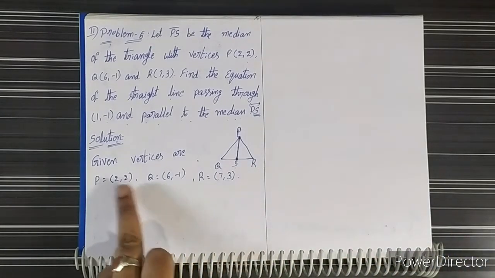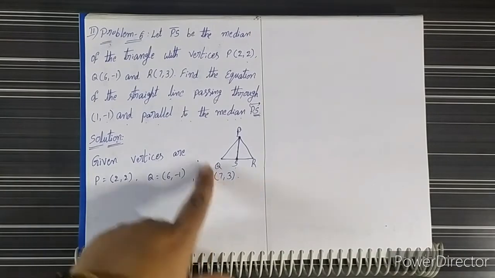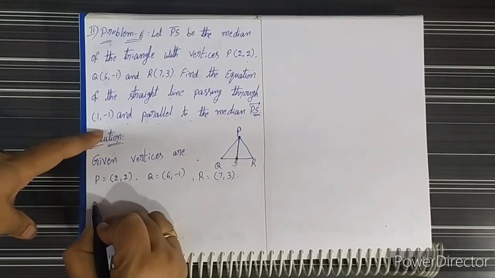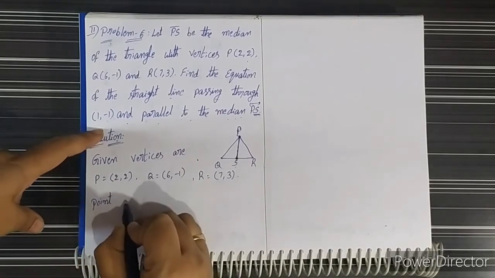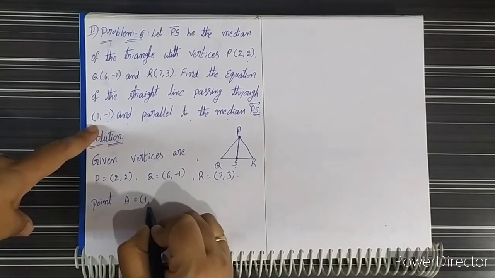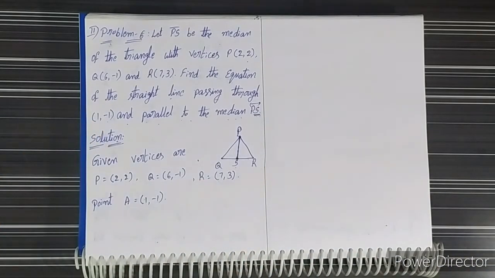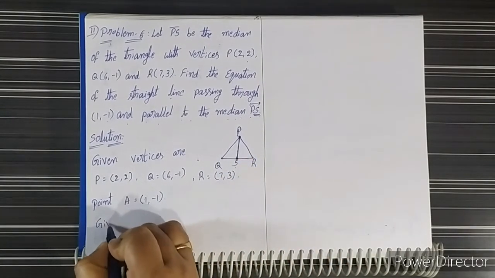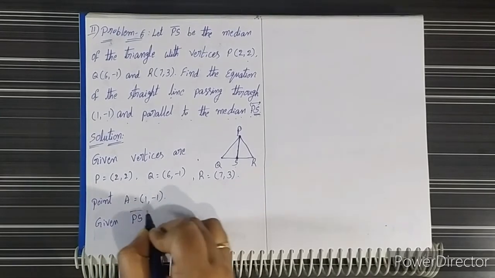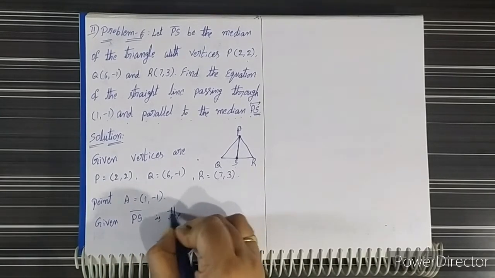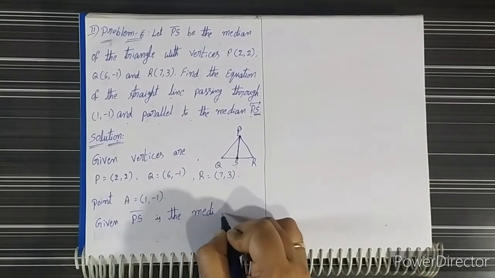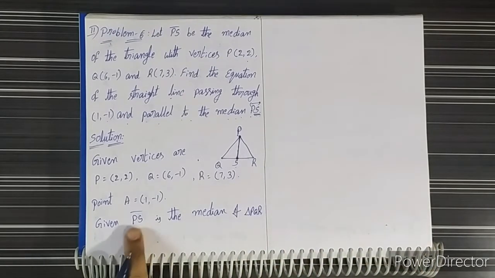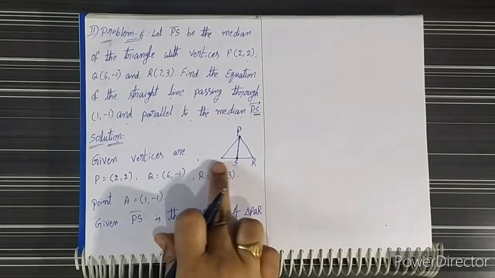These are all the vertices of the triangle, and another given point, let it be A = (1, -1). PS is the median of the triangle PQR. Then S is called the midpoint of the side QR.